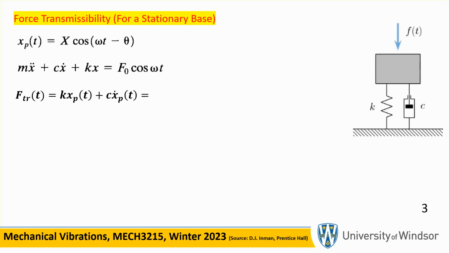So anyway, we're not going to go through it, except that I want to remind you that this was done on Thursday of last week. So what we want to know is what is the force transmitted to the ground.